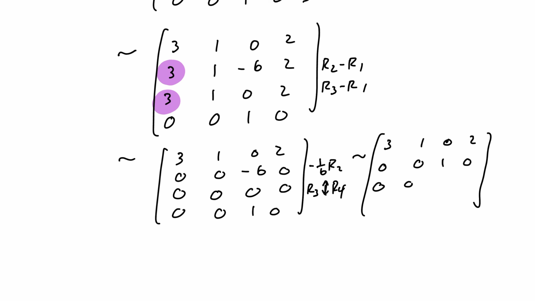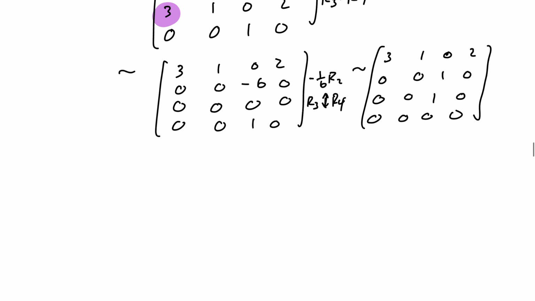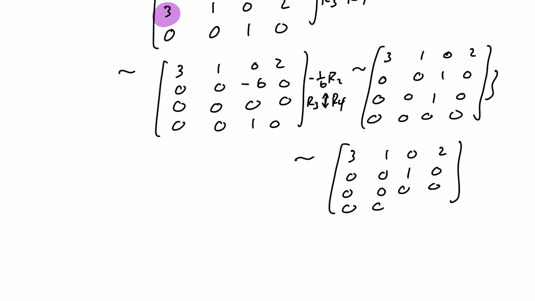So 0, 0, 1, 0, and then I have my 0 row. Continuing on here, right away I can see I have 2 rows the same. So if I take row 3 minus row 1, I'm going to end up eliminating this. So my reduced matrix is going to end up having 2 rows of zeros.